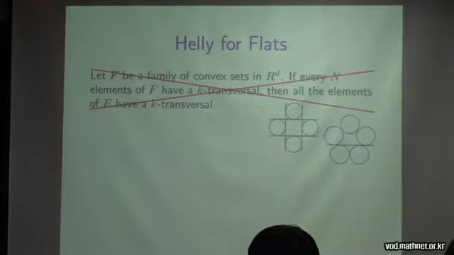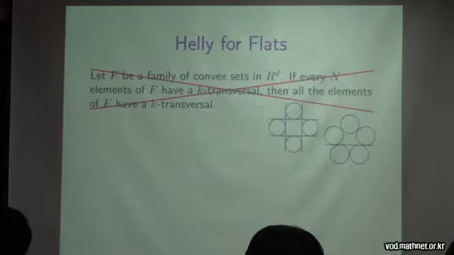And I can do the same for any triple, but I cannot find a line through all of them, right? You can try. And that tells you that this is false for n equal 3. How about having a transversal which intersects the interior of the convex sets? Yeah, you can make these a little bit bigger, and then you still don't have a transversal to all of them.